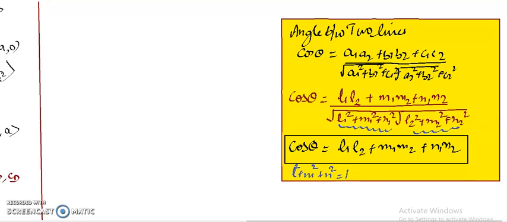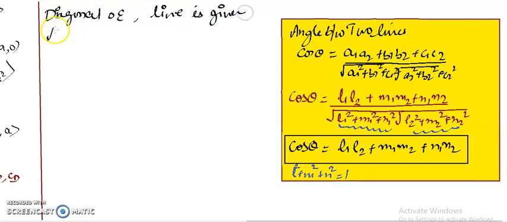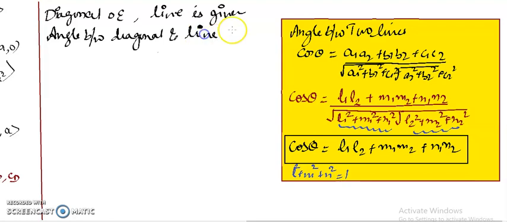Now students, see, your diagonal is OE, and the line is also given. Now what is the angle between the diagonal and the line?